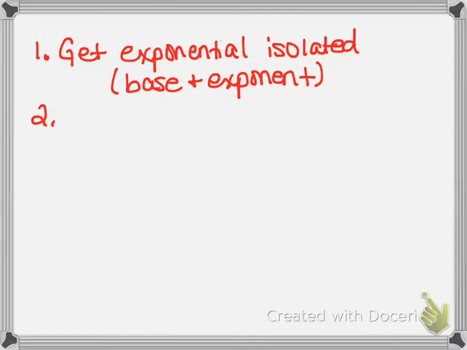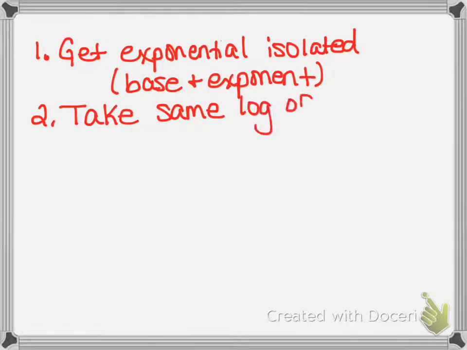The second step is we just need to take the same log of both sides. Now the property just says log base b of both sides. And so technically you could take any log you wanted to. You could do log base 113 if you really wanted to.